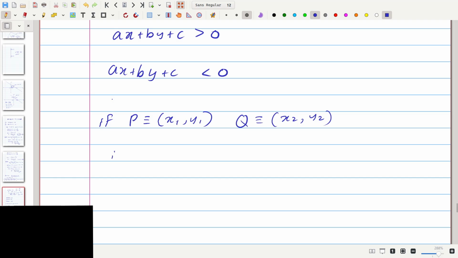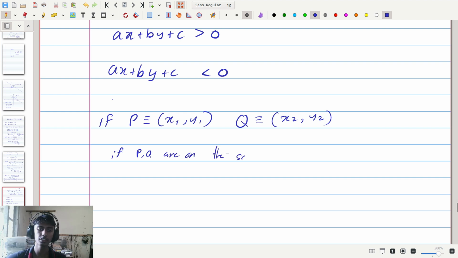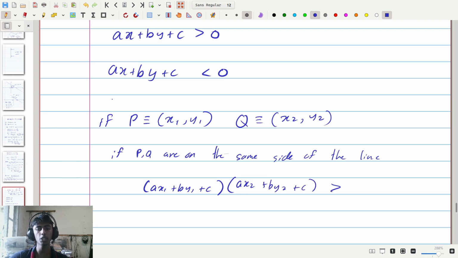So we can say that if P, Q are on the same side of the line, given this condition, the sum corresponding to the first one, which is ax1 plus by1 plus c, multiplied by the second one, which is ax2 plus by2 plus c, is going to be positive.